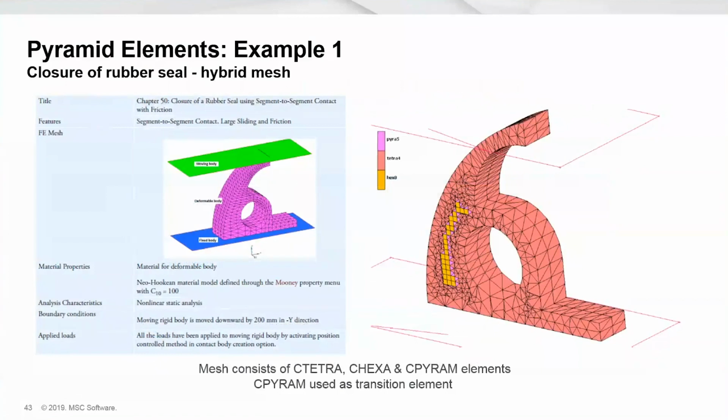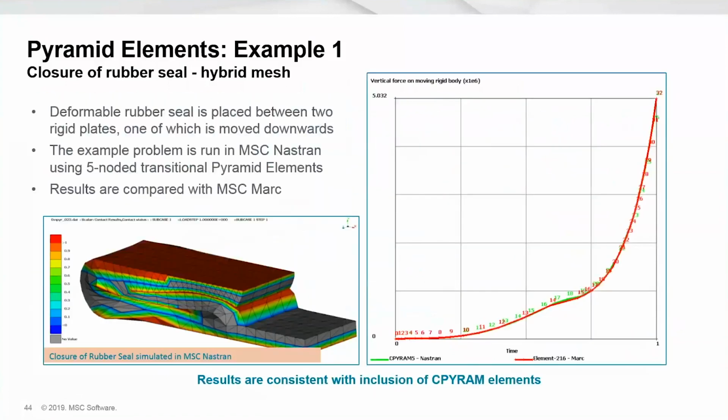Previously, we did not have any pyramid elements in this example, and in the new test, we added pyramid elements. In the figure on the right-hand side, you can see in pink where the pyramid elements were added, the transition elements. When we run the highly nonlinear example and compare the results with the earlier model, you can see how the results overlap on top of each other.